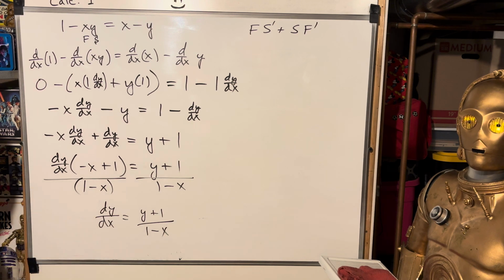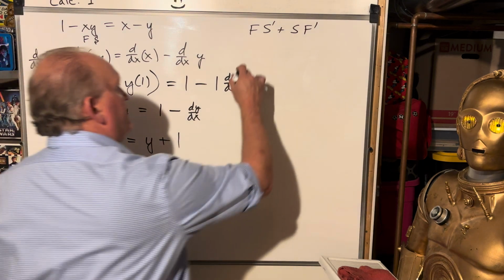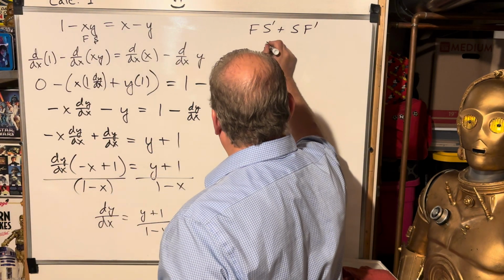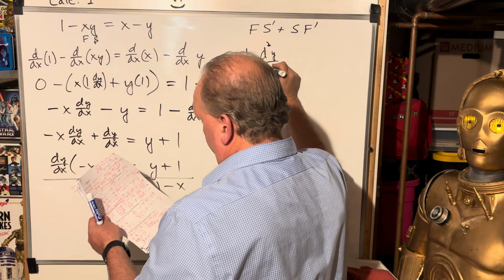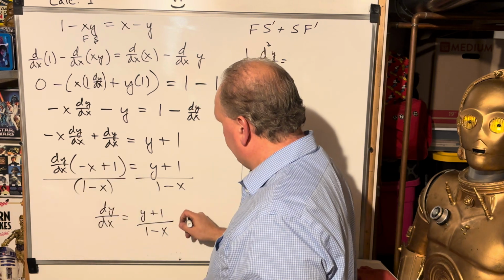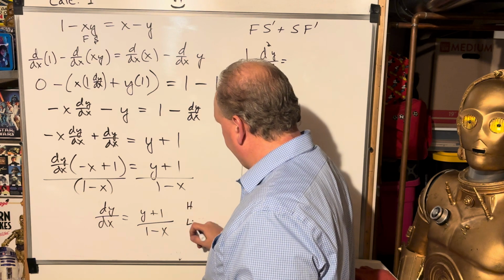Alrighty, and now we want to find the second derivative. So let's do the second derivative, d2y of dx2. And we got the high-low thing going, right?